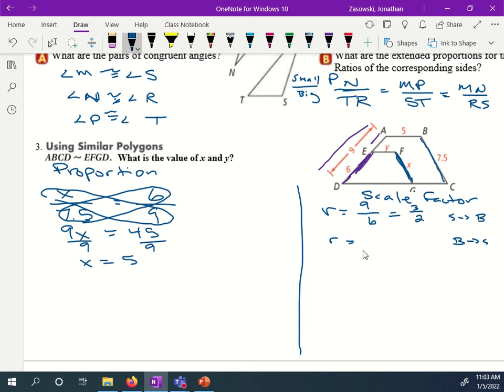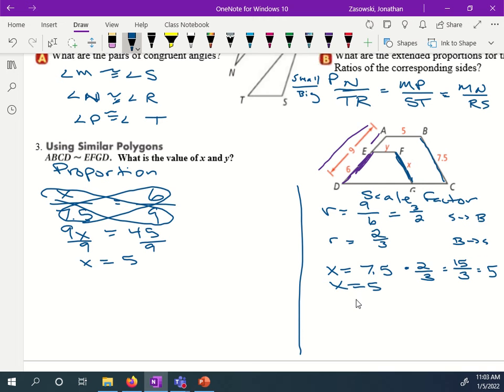If this is 3 over 2, this one is 2 over 3. You just do the reciprocal. So if I know that this side is 7.5, if I'm using my scale factor method, I just take the corresponding side, and I multiply it times 2 over 3. That's it. You're done. That's all you have to do, okay? 7.5 times 2 is 15, and then 15 divided by 3 is 5, and I still get x equals 5, okay?